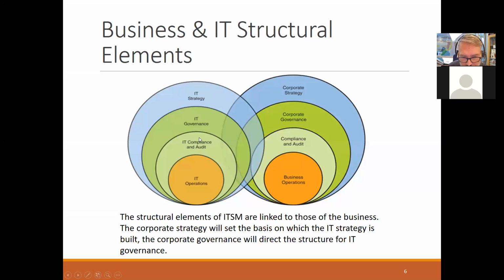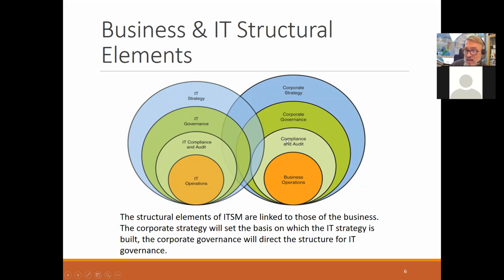Compliance and audit. Well, I'm sure you've heard the term auditor. We think of an auditor as going to be an accountant. If it's financial audit, it will be an accountant. But there's other kinds of audits that you can do. Audits to do with rules in the organization.